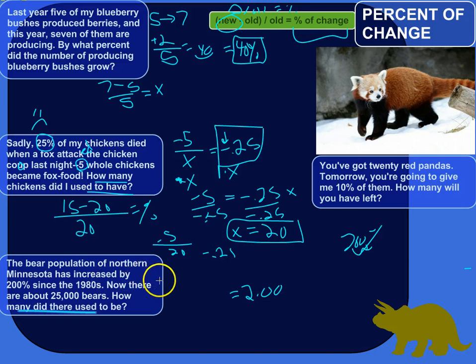So the new number, 25,000, minus the old will represent the change. So new minus old over the old. I don't know that, so I'm going to call that x.